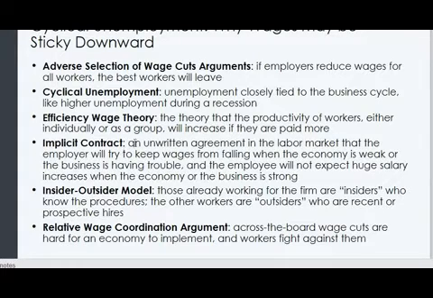Okay, so minsan may mga implicit contract na nakalagay, naka-state dyan, no? Unwritten agreement naman siya, no? Although agreement siya, pero hindi siya nasa black and white, stating that the employer will try to keep wages from falling when the economy is weak or the business is having trouble.